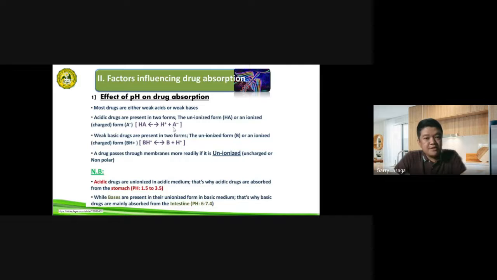So when we say conjugate base, from the Bronsted-Lowry theory of acid and base, when we say conjugate base, this is an acid wherein the hydrogen ion was removed.